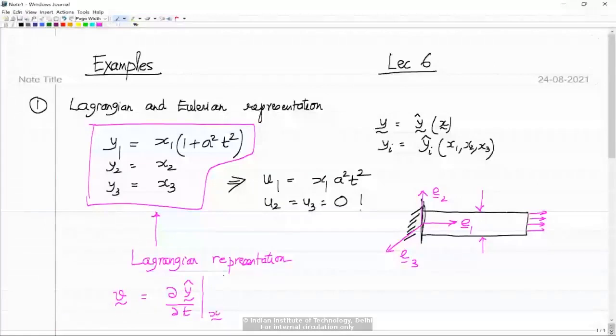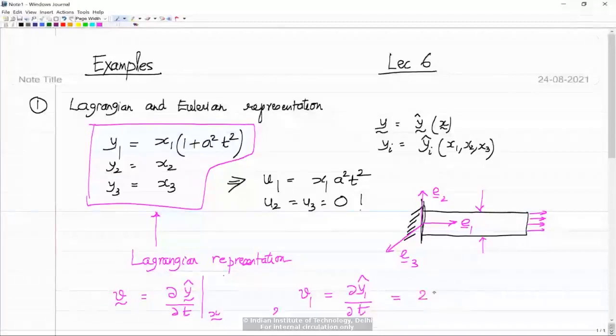So you can now also look at component wise velocities. So that means v1 is simply going to be del y1 hat over del x1, which is just a square t square, isn't it? Sorry, I think I made some mistake here. It is del y1 hat over del t.